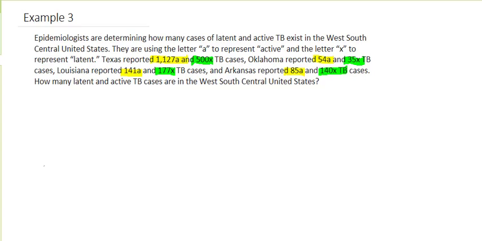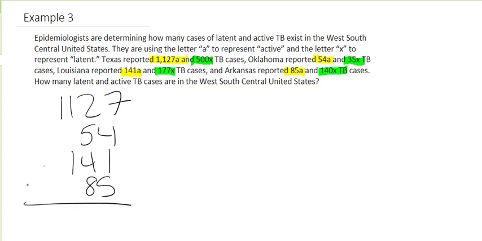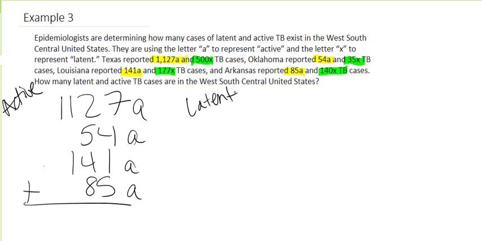So we have 1,127, 54, 141, plus 85. So let's add, and this is all our A terms, so active. 7 plus 4 is 11, plus this 1, 12, plus 5, which then is equal to 17.